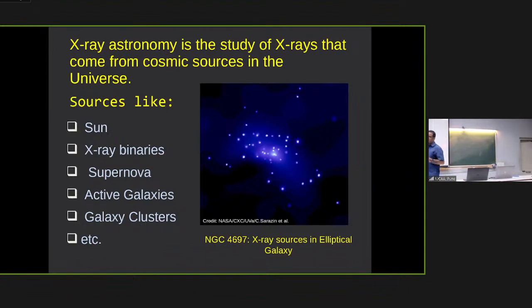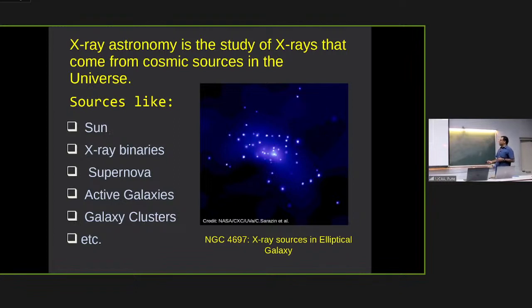So these are essentially binary systems, but one of the components is a compact object, either a white dwarf, a neutron star, or a black hole. In such situations, if the situation is favorable, then there is an accretion of material from the normal star onto the compact object, neutron star or black hole. And this accretion process can give rise to X-ray radiation, and that is why we call them X-ray binaries.